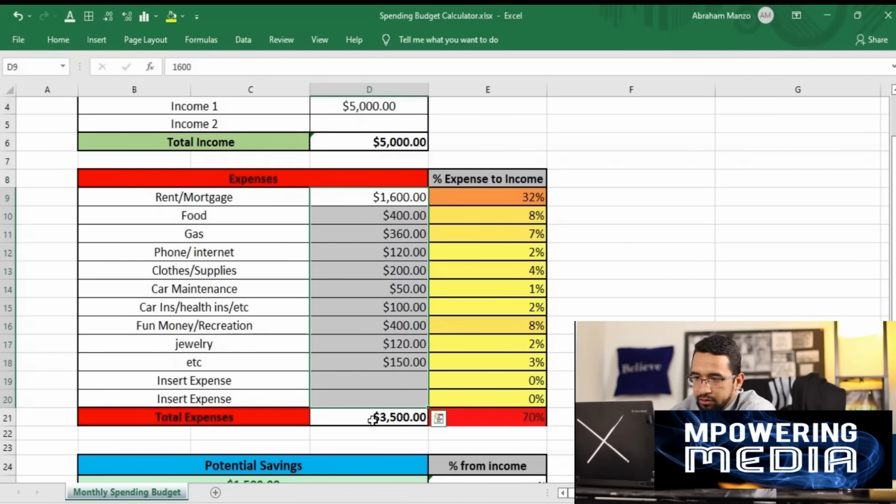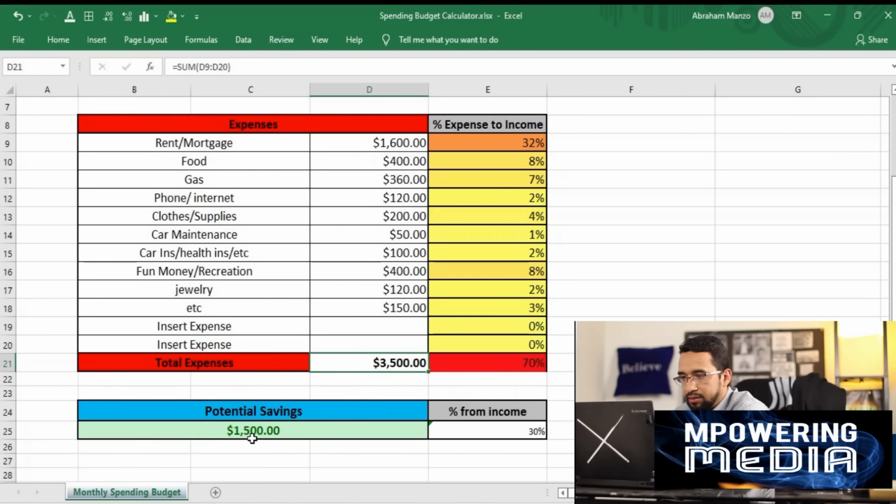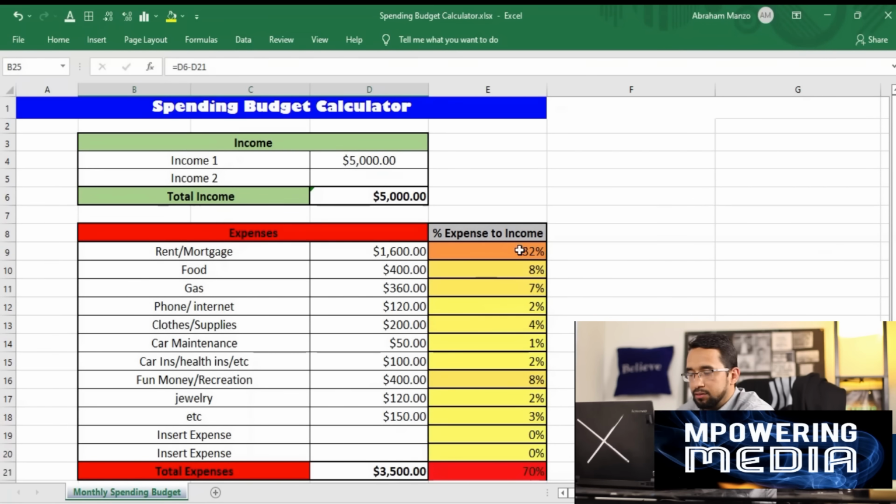In this example here, the total expenses add up to $3,500, and that here is 70% out of the total and leaves remaining 30% left over. And that is $1,500 in this situation, $1,500 of potential savings.